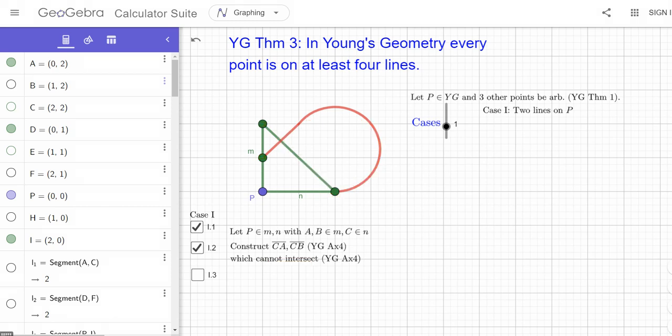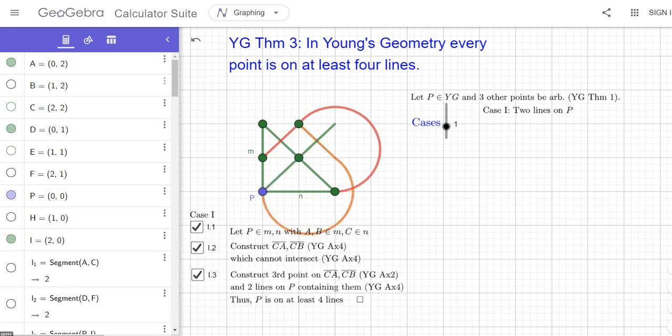So let me get rid of these lines. They can't intersect. So now, if they can't intersect, they both have other points on them, right? So when we put those points in, here's the point that was on this line, and here's the point that was on this line. Well, there have to be lines connecting them.